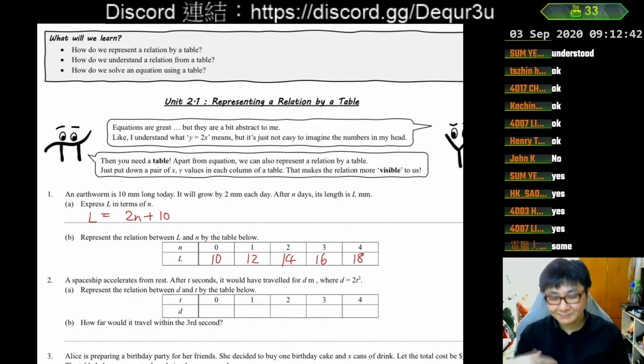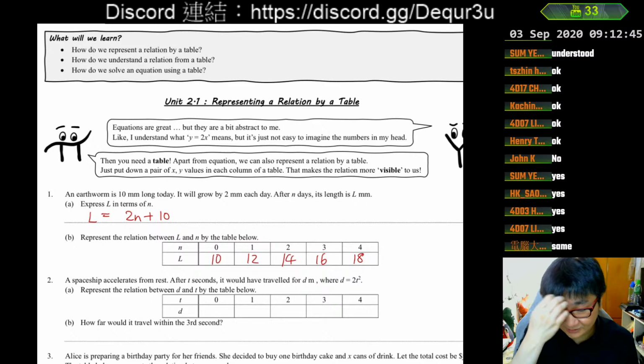Let me explain why I do the table first and then the equation.